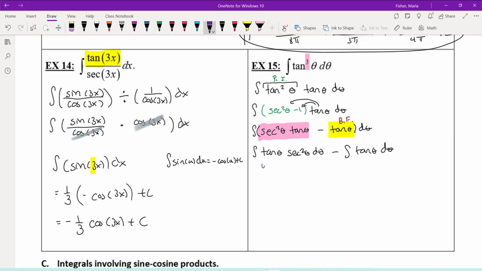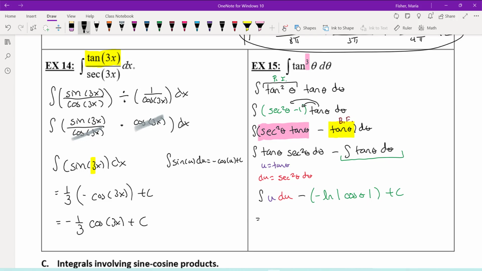So here if u is equal to the tangent of theta, the derivative du would equal secant squared theta d theta. So this guy right here is just u du. And then if we integrate this guy over here, the integral of the tangent of theta d theta is negative natural log of the absolute value of the cosine of theta plus c.